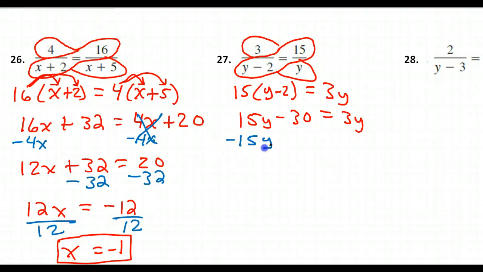I do not like these negative numbers, but rather than getting a 0 over here, which confuses people, I will subtract the 15y from both sides. So that's going to give me -30 is equal to -12y.